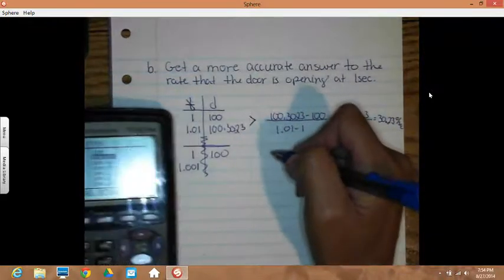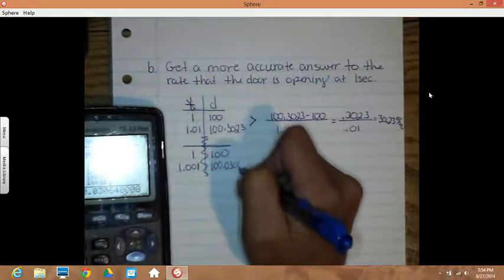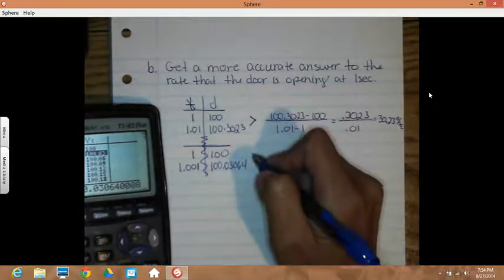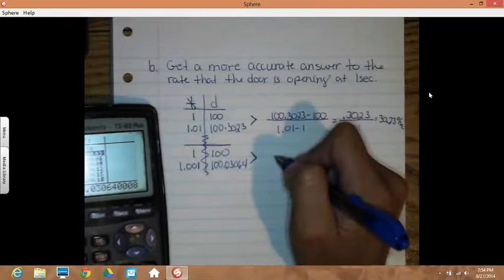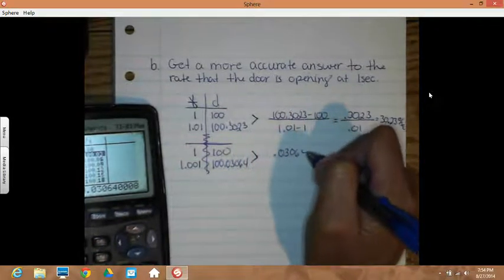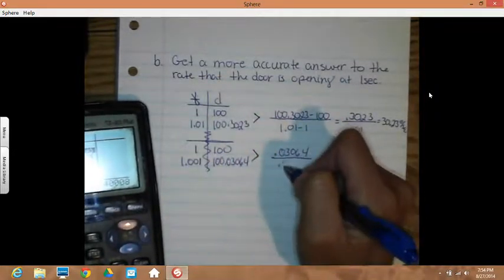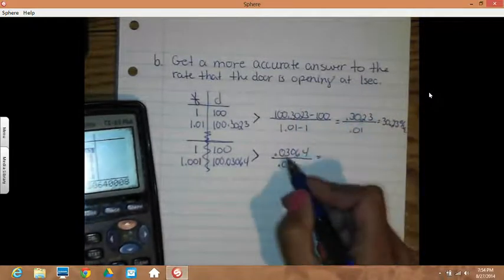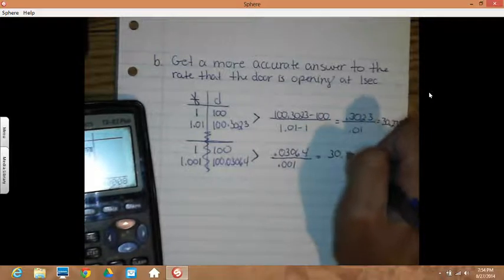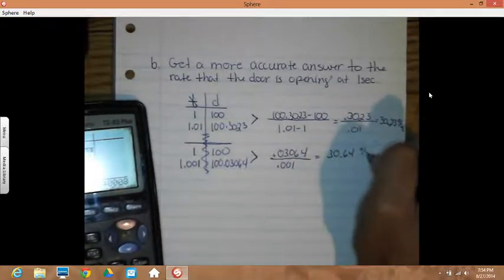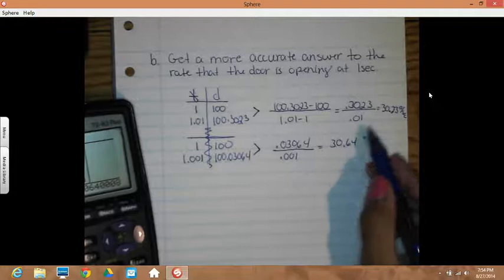So I got 100.03064. If I do the subtracting, I don't think it's necessary for me to write it out here. I get 0.03064 divided by 0.001 when I subtract here. That'll kick the decimal over 3 places. 1, 2, I get 30.64 degrees per second. Still got a little bit faster estimate. Remember, this is an estimate I'm doing, not exact. Let's go one more.